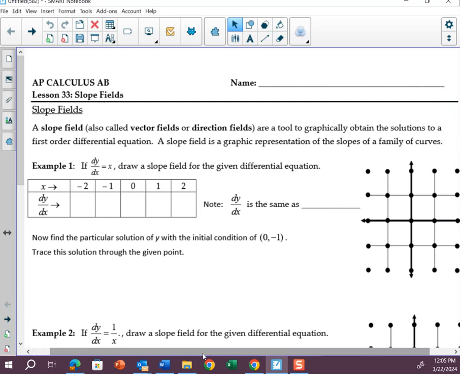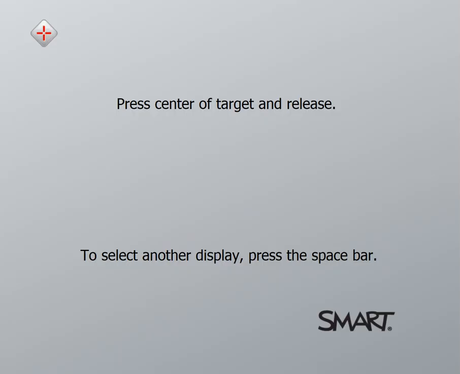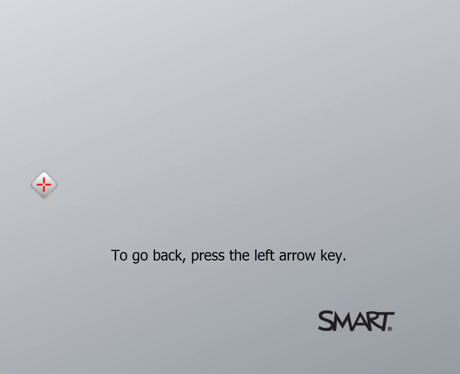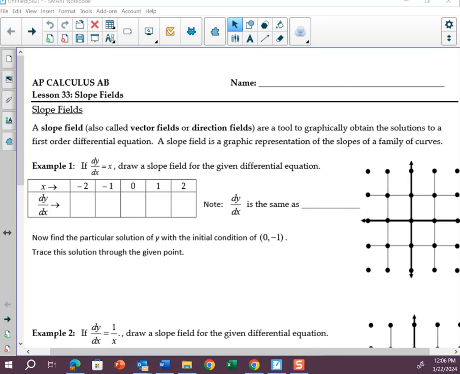Okay, so a slope field. A slope field, also called a vector field, also called a direction field, like I already said, is going to give us a visual of a differential equation. It's going to show us what the curves look like that are the solutions of the differential equation.